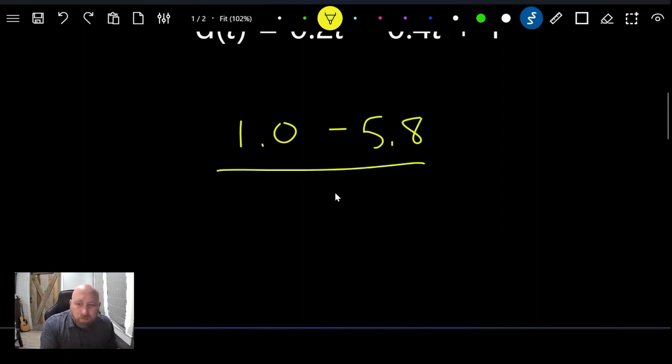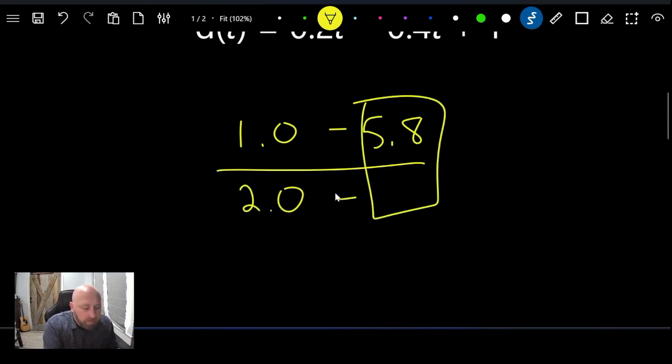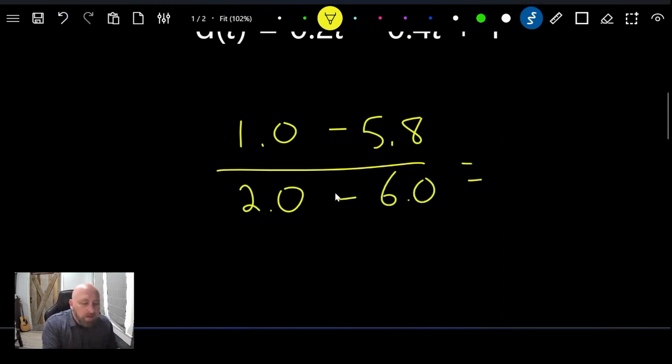And this is all going to be over our change in time. This time right here was 2 seconds, and this time right here was 6 seconds. So when we subtract that out, we get 1 minus 5.8, that's negative 4.8, over negative 4.